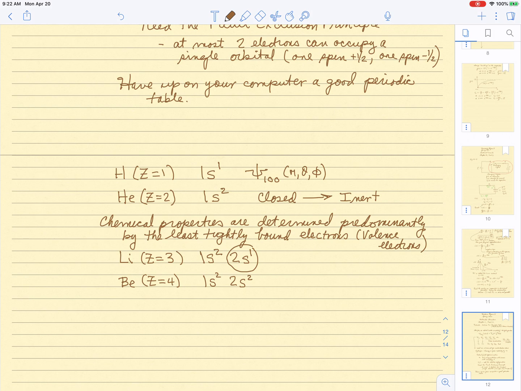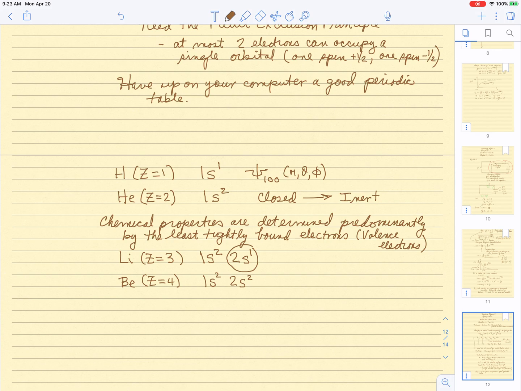Okay, and you might say, well, now both of these orbitals are full, and you might predict that beryllium would not enter into a lot of chemistry because those electrons can't form any bonds.